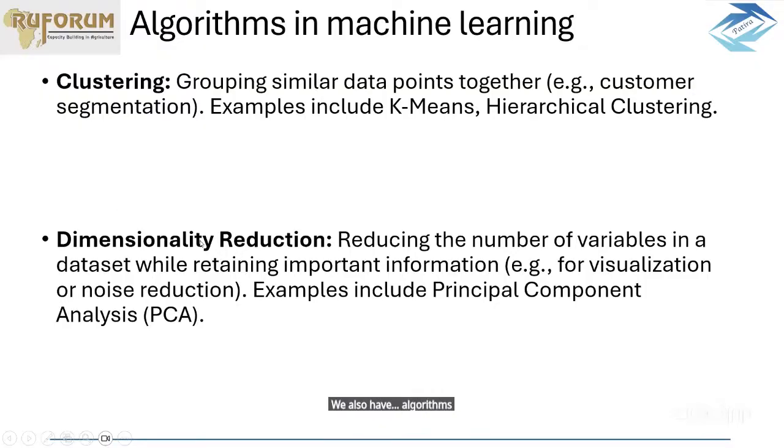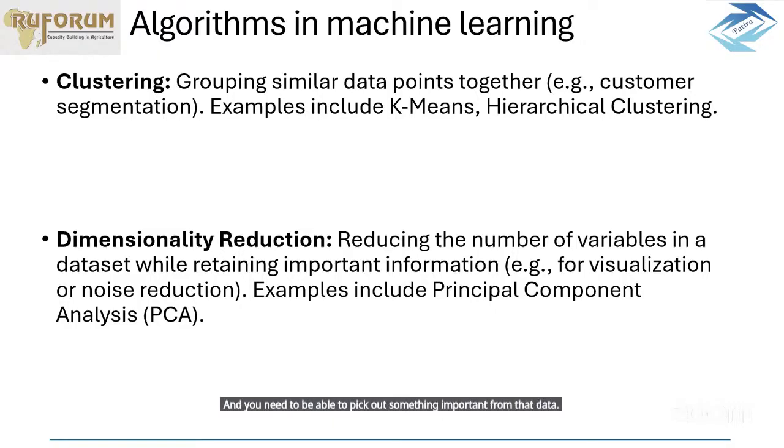We also have algorithms for dimensionality reduction. Now, when you're dealing with data science, you tend to have big data, large data sets. So sometimes it's very difficult to go inside the data set and try to extract information. You can have 1,000 columns of data, and you need to be able to pick out something important from that data.